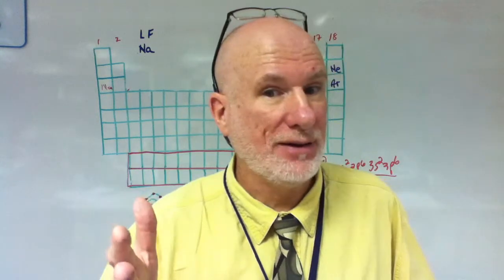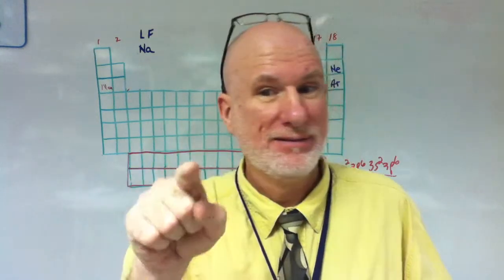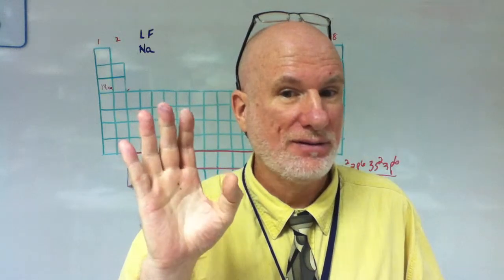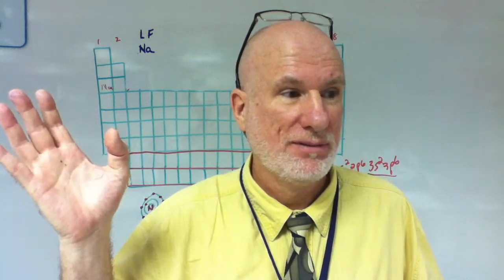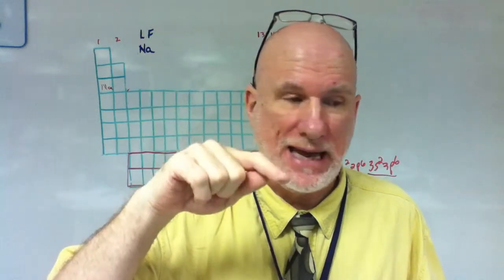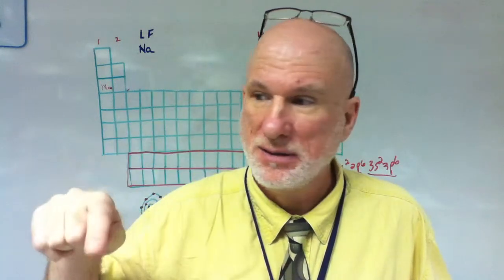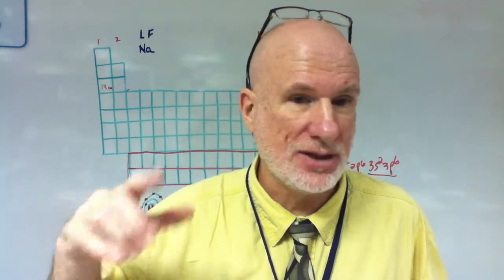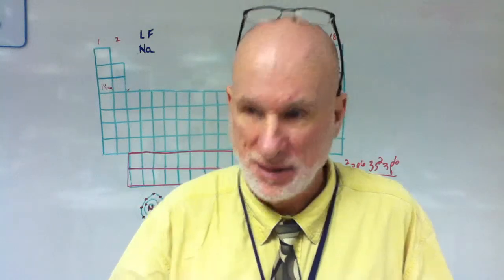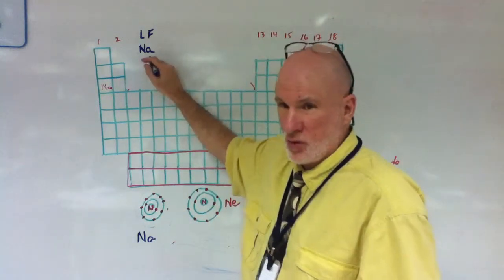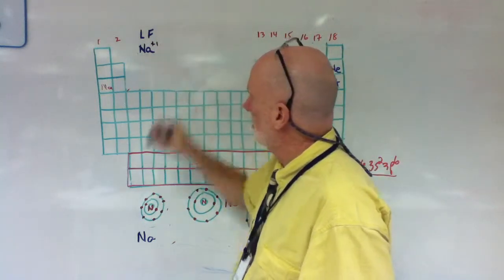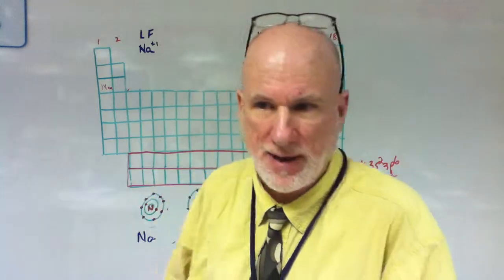Well, it had 11. It gave up 1. You guys said you can count. It has 10, right? So plus 11 from the protons, plus minus 10 for the electrons. What's the charge? Okay. This is the long form electron configuration for sodium plus 1.